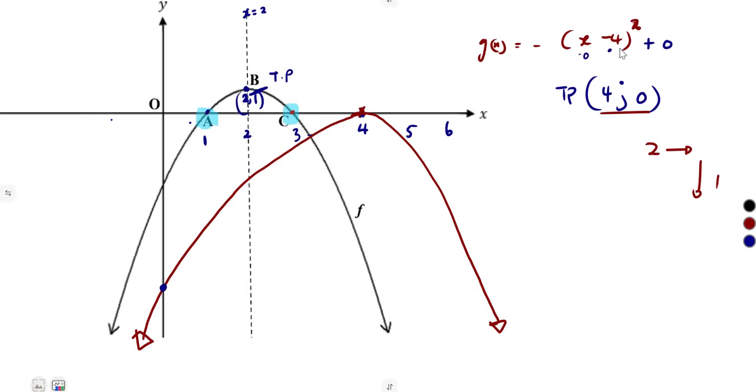So it's going to be -(4)², which is -16. So the y-intercept will be at negative 16. So this is the graph of our g(x). What was important was the location of the turning point and maybe the y-intercept if you want to indicate that.